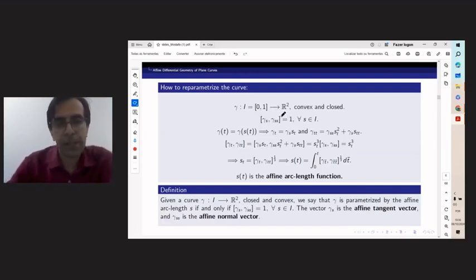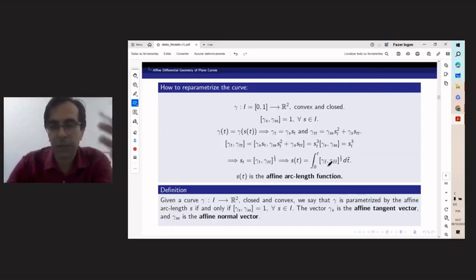Here I bring the definition of affine arc length function. To be more precise, if gamma has an arbitrary parametrization t, to obtain the arc length parametrization, we simply calculate this integral of the determinant of first and second derivative of gamma to the power of 1/3.